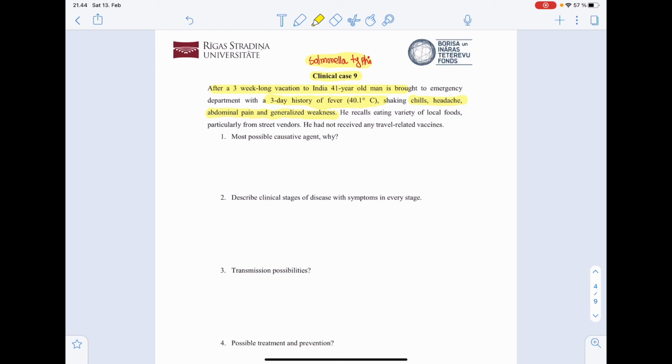And here he ate local foods, again street food, where Salmonella is easy to get. Also he didn't get any kind of travel related vaccines, so it directly says that this is Salmonella typhi.